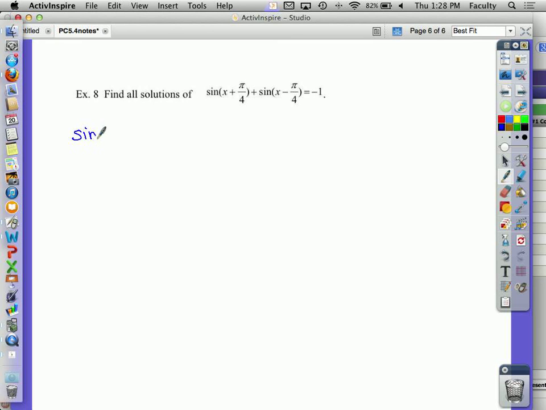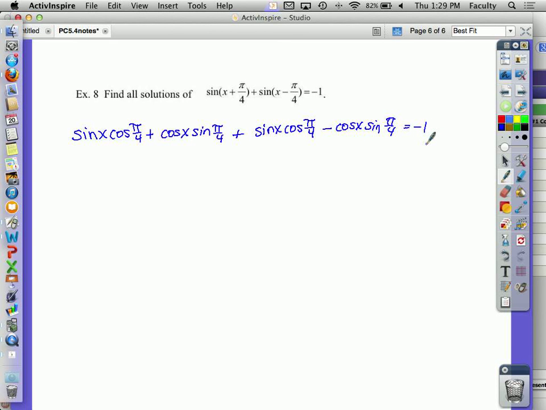So this goes sine x cosine pi over 4 plus cosine x sine pi over 4. Okay, that's the first one. Plus sine x cosine pi over 4 minus cosine x sine pi over 4 equals negative 1.